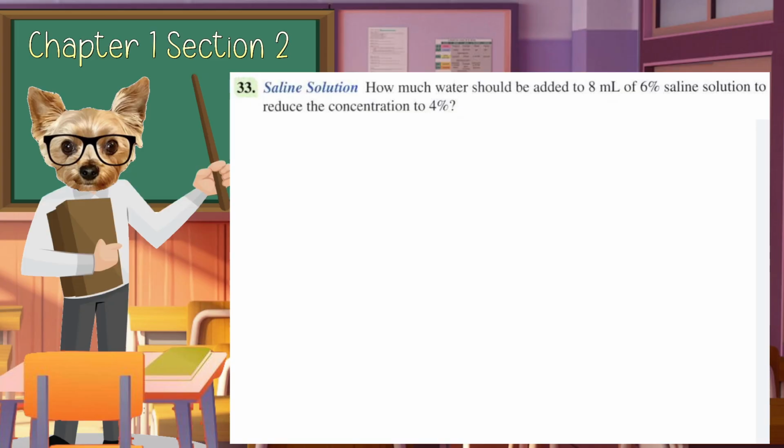Now, if it's 6% saline solution, that means 6 percent. So 6 out of every 100 milliliters is saline, right? But I know I have 8 milliliters. So that means 6% of 8 milliliters is going to be saline in the original solution, right?